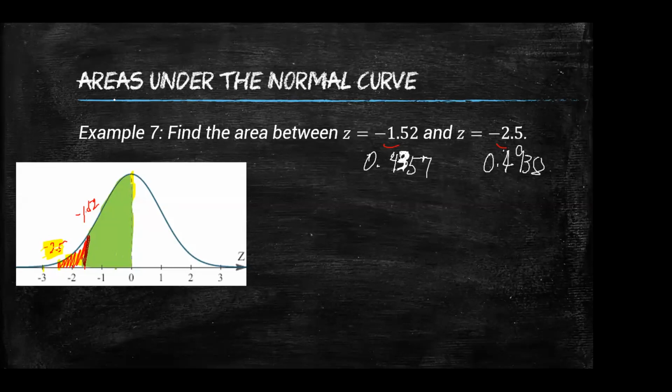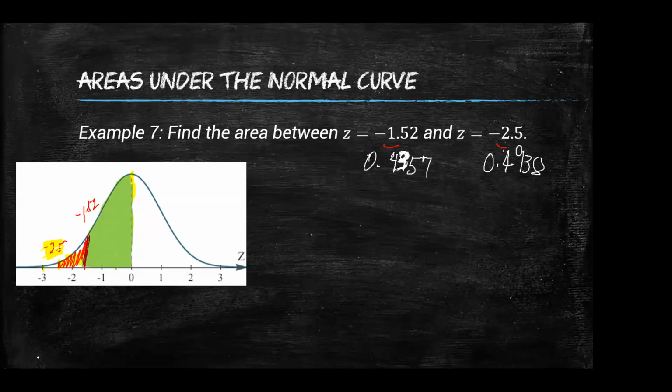Kung yun yung sinasabi mo, Hailey, ipag-a-add natin si 2.5 and negative 1.52, tapos imamayos natin yung sum nun sa 0.5, yung hinahanap natin doon is yung left ng 2.5. Tama?